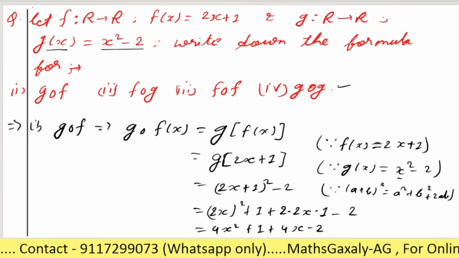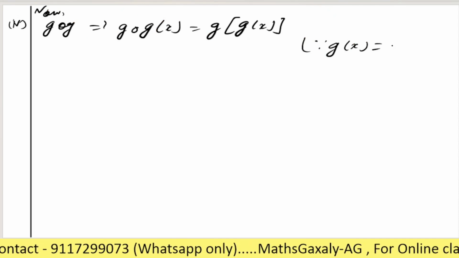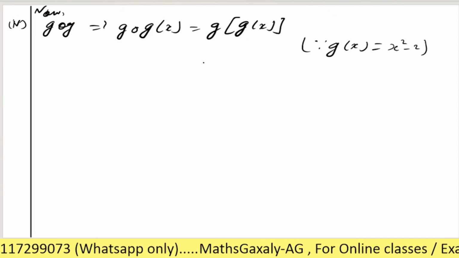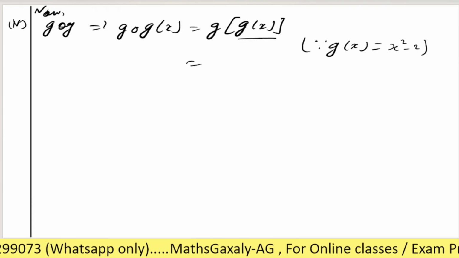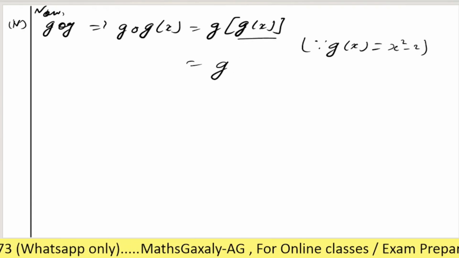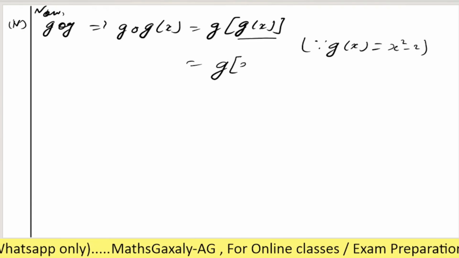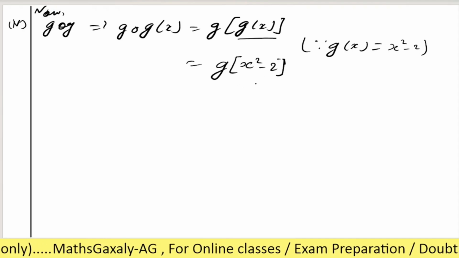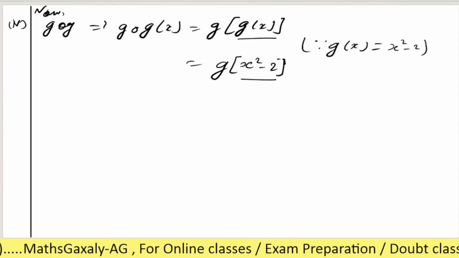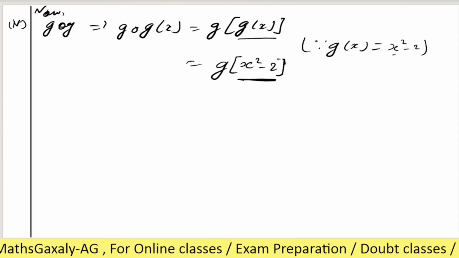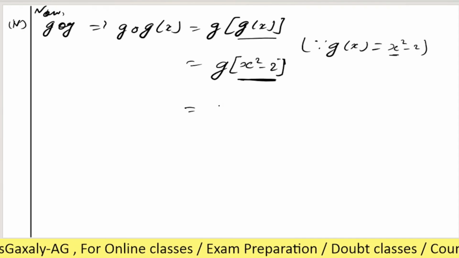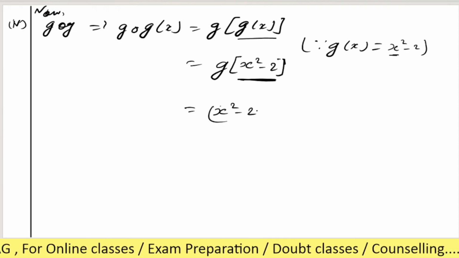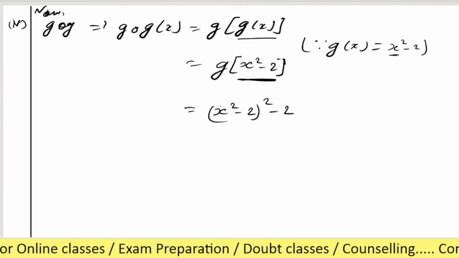So gx is x square minus 2, है ना? It is x square minus 2. Okay, so here in the place of gx we will write x square minus 2. So it will be g function of x square minus 2. Again it is in the form of gx. See, है ना? Suppose this is x, so in the place of x we have to write x square minus 2 to whole square minus 2.